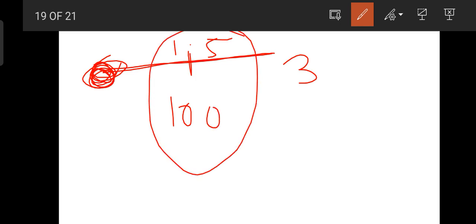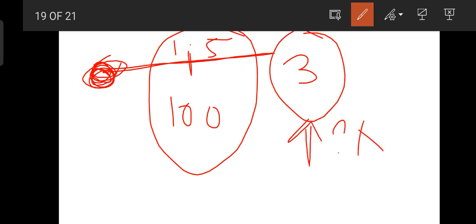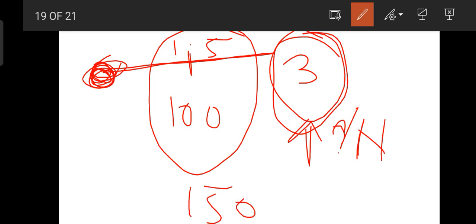So this torque and that torque will be equal. We didn't know the force of this torque. This torque is 150, so the other torque will also be 150.